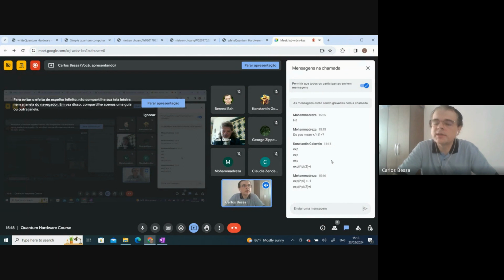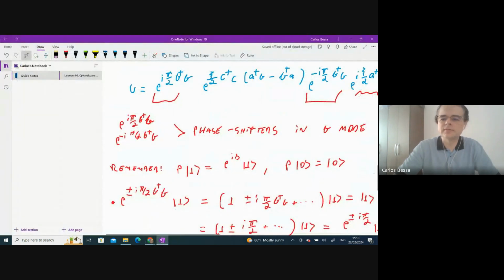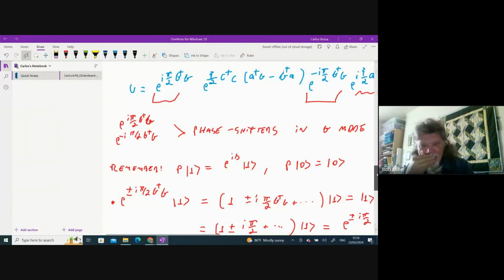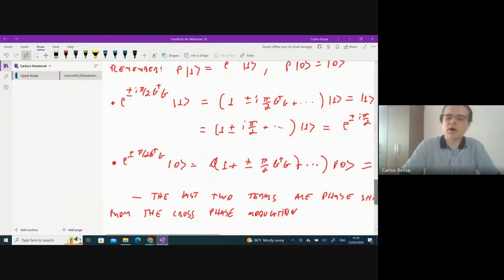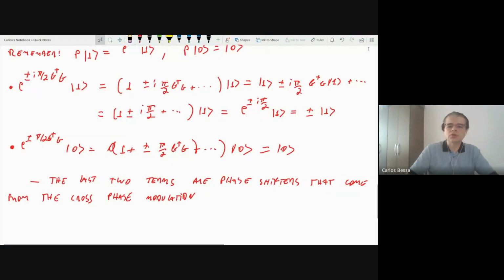Yeah, because it's pi. Yeah, you are right. But anyway, the contribution is just a phase. In the end, if you are looking for probabilities, this will not have importance. Yeah, because it's sine, right?